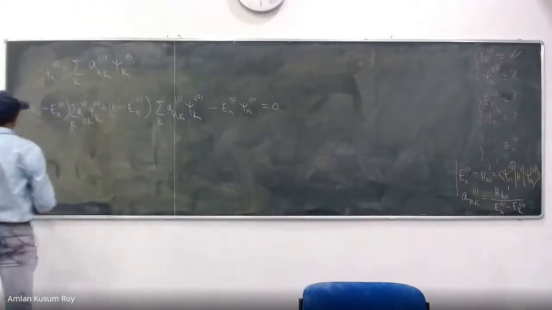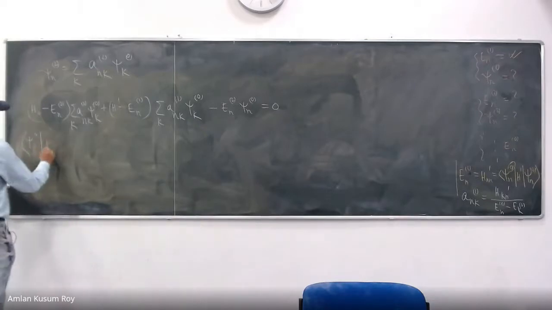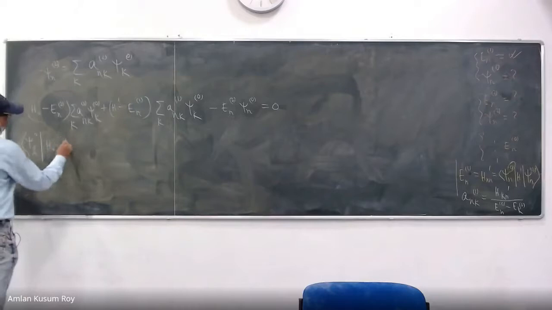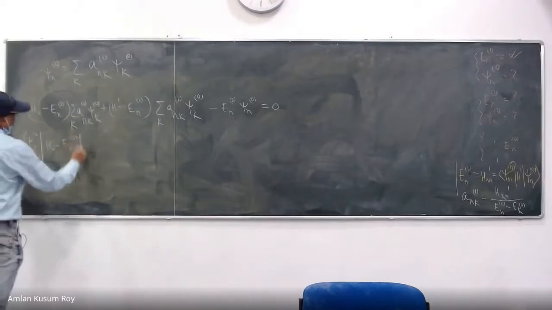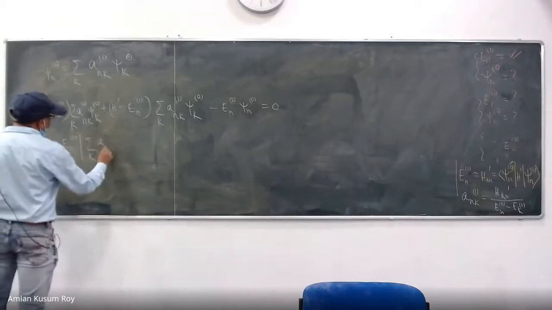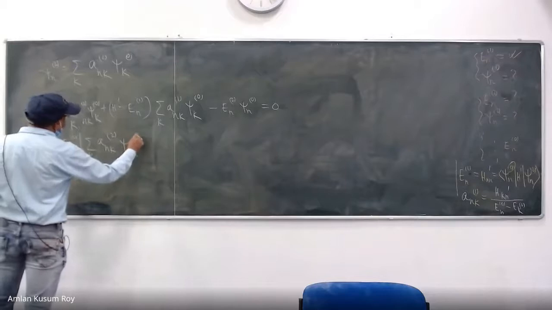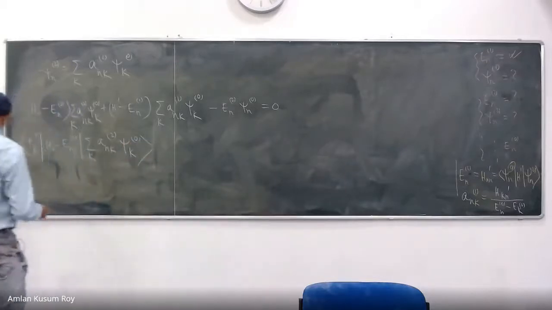Okay, so I can do this pre-multiplication business again by psi_l^0. So what happens? The first term is psi_l^0 (H0 minus E_n^0) summation k A_nk^(2) psi_k^0.